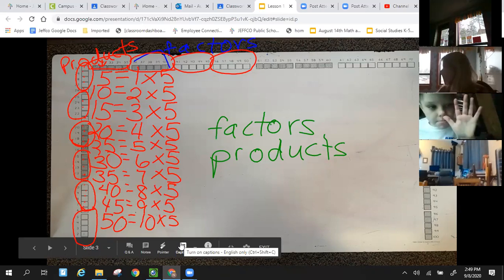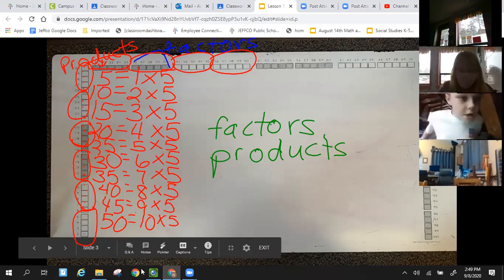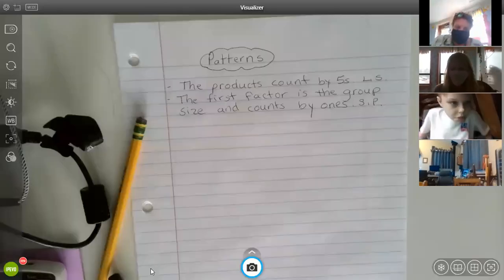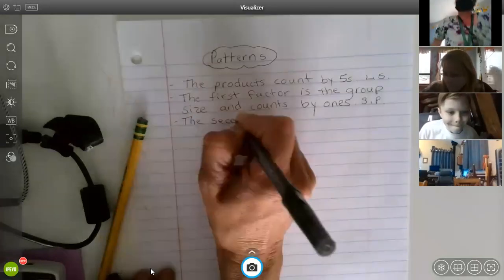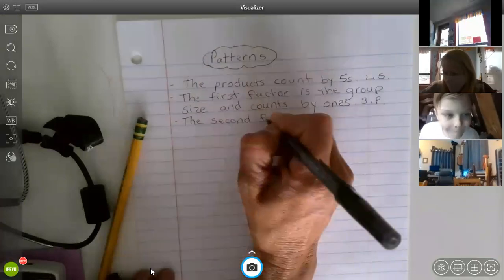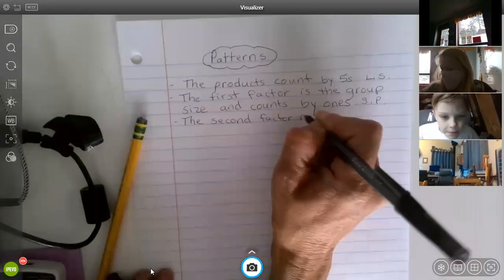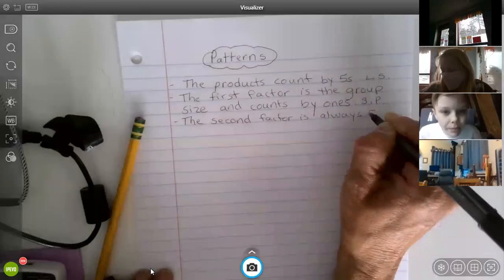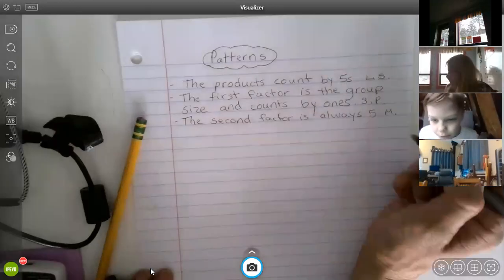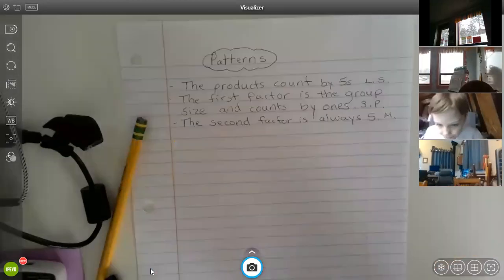Maddie? Yeah, the second factor is all 5s. The second factor is always 5. That's because it's our count by. And so we are always going to have 5 for that.